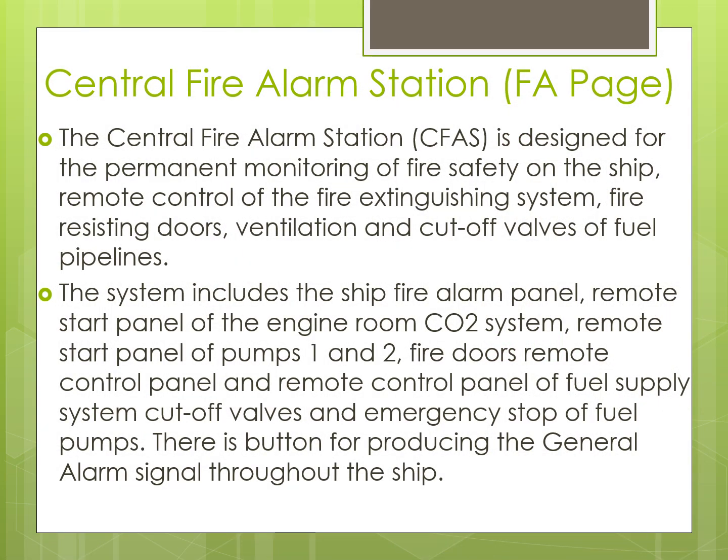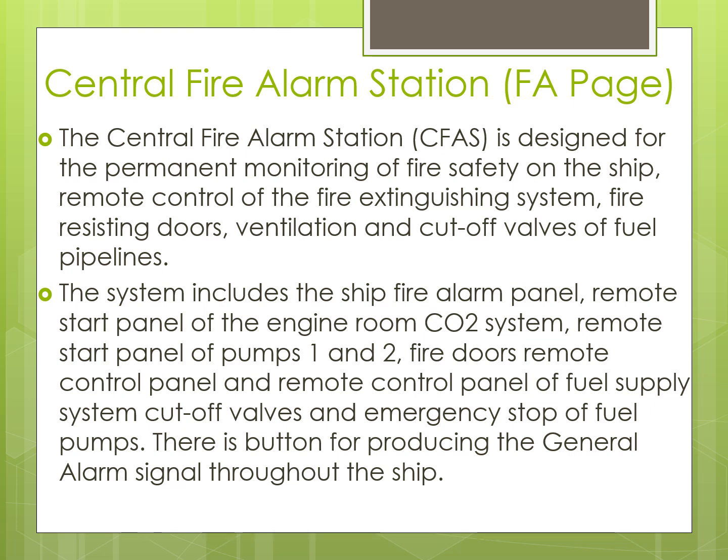Central Fire Alarm Station. The Central Fire Alarm Station is designed for the permanent monitoring of fire safety on the ship, remote control of the fire extinguishing system, fire-resisting doors, ventilation and cut-off valves of fuel pipelines.